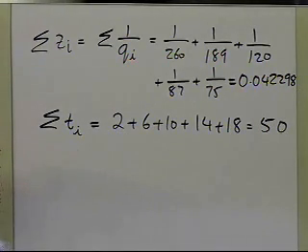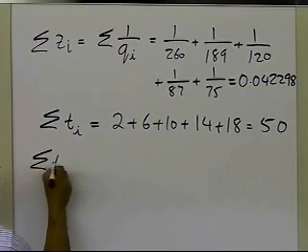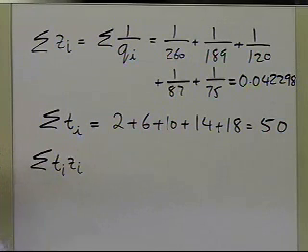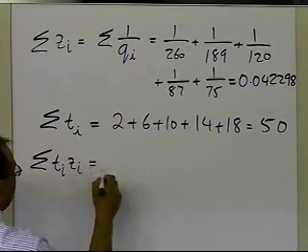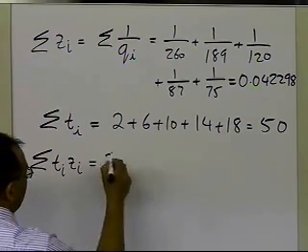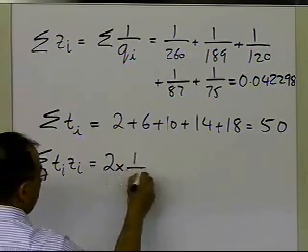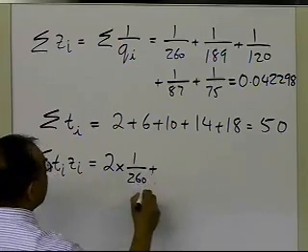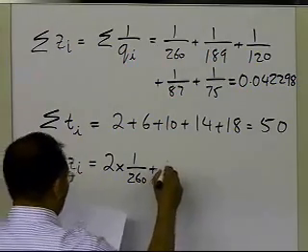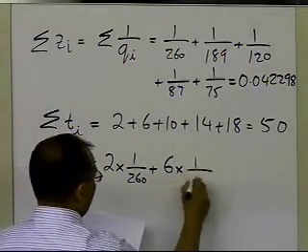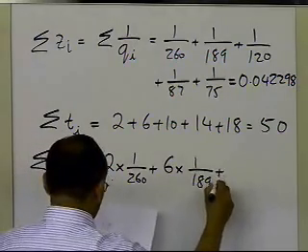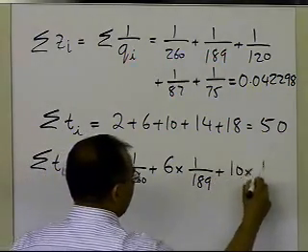So similarly, let's suppose I'm going to calculate my ti zi summation, which I also need. That will be the t value, which is 2, times the inverse of the q value, which is 1 divided by 260 for the first one. The next one will be 6 times 1 divided by 189. The next one will be 10 times 1 divided by 120.